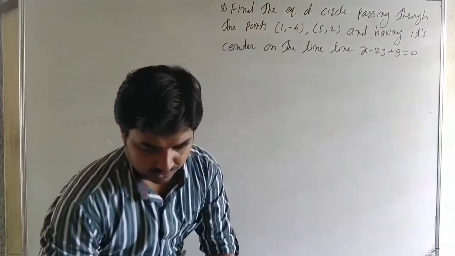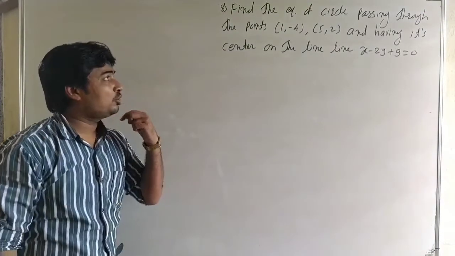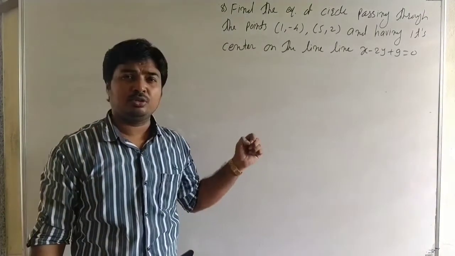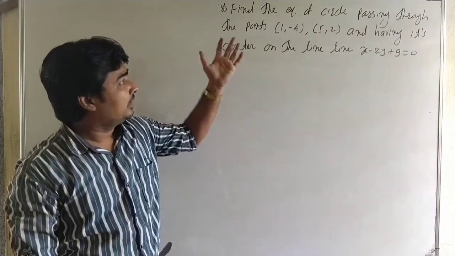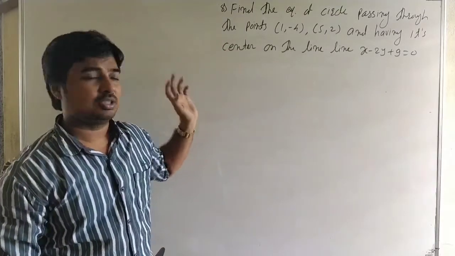Now, here we want to find the equation of circle. To find the equation of circle, we need to know the center and radius of that circle, or the ends of a diameter. Here, we find the center and radius of the circle.